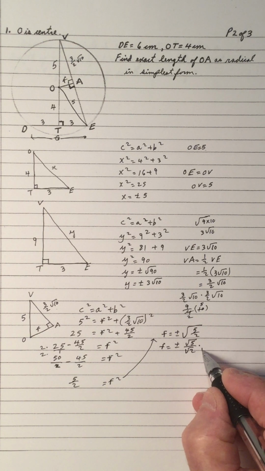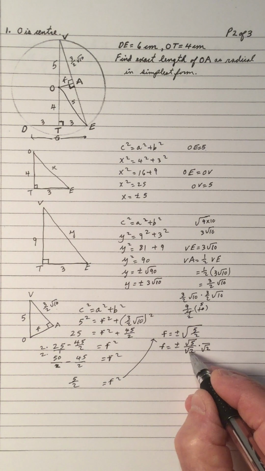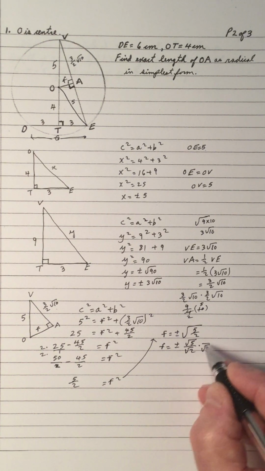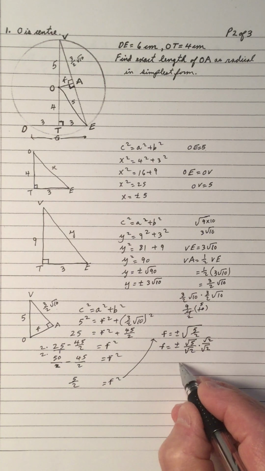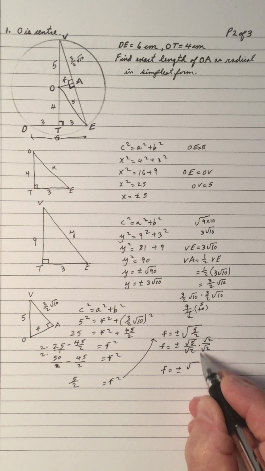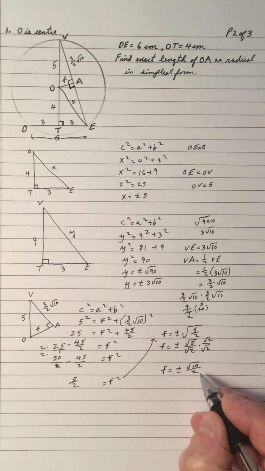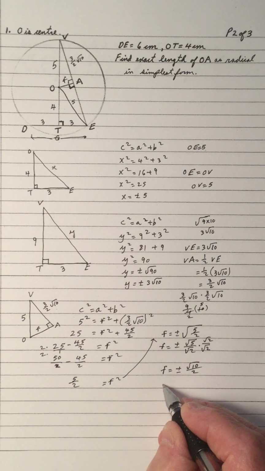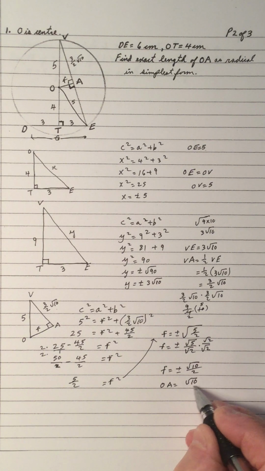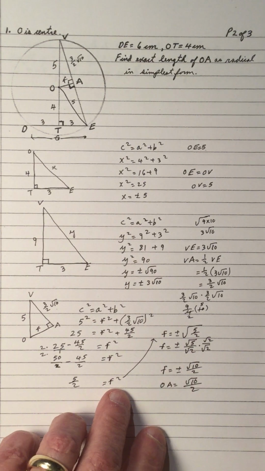To rationalize the denominator, we multiply top and bottom by root 2 to make it a rational number. So f is plus or minus root 5 times root 2 is root 10, root 2 times root 2 is 2. So OA is the positive, so it's root 10 divided by 2.